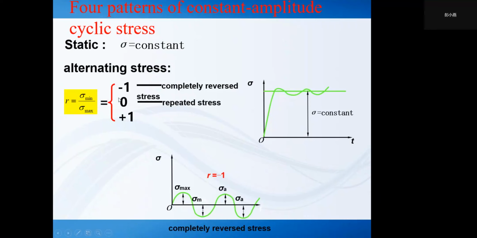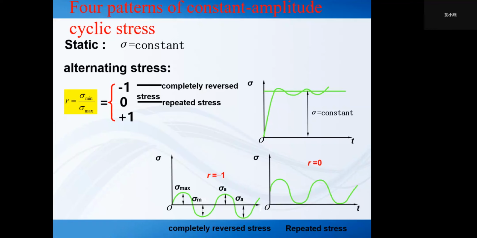When the stress ratio, the minimum stress over maximum stress, R is 0, the stress varies from 0 to a maximum value within each cycle. Like this, the minimum stress is 0, so the stress ratio is 0.